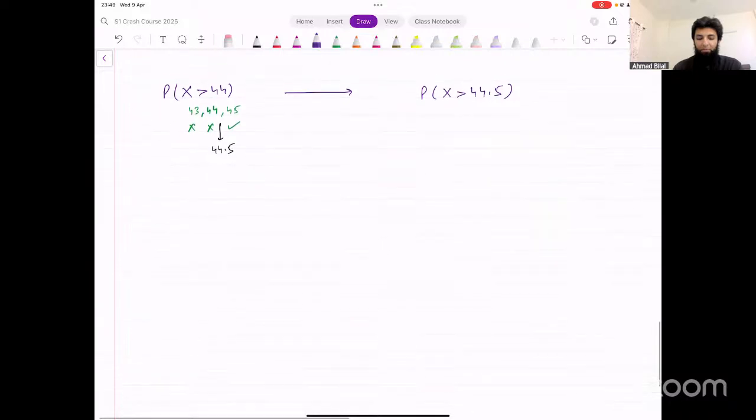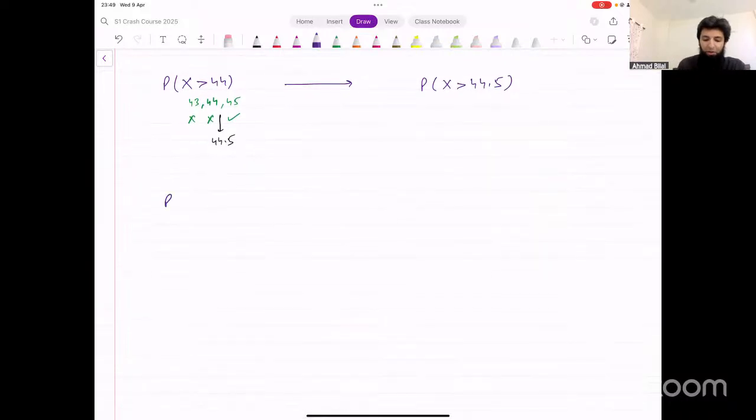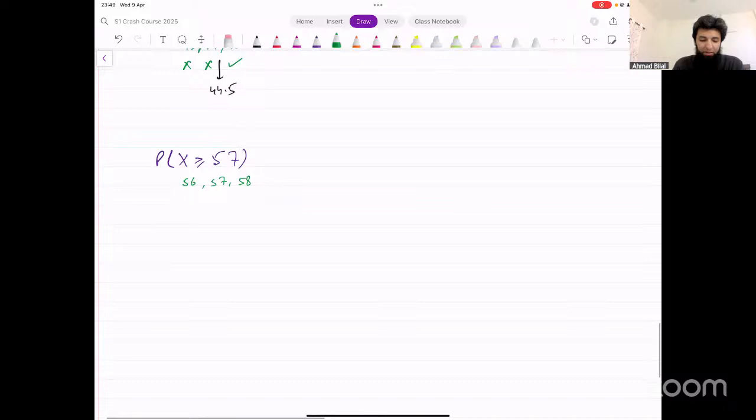Okay. And then what if you had probability of x greater than or equal to 57, for instance? Again, you write down 57, write down one number less than that, write down one number above that. Is 56 included in this interval? No. 57? Yes. 58? Yes.